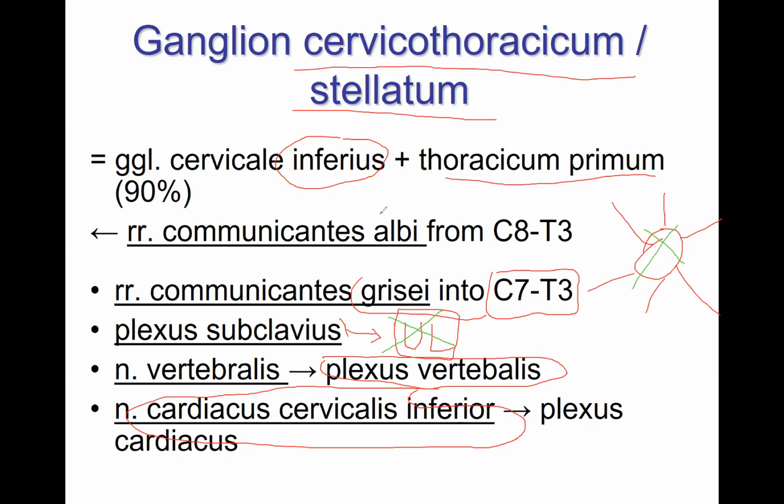And I have to stress that we are already at the level of C8. So the sympathetic fibers finally come from the spinal cord to the sympathetic trunk. So we have here finally present the white communicating branches.